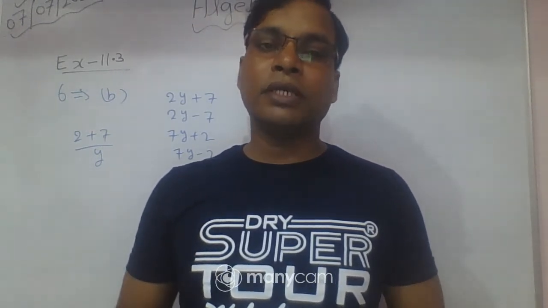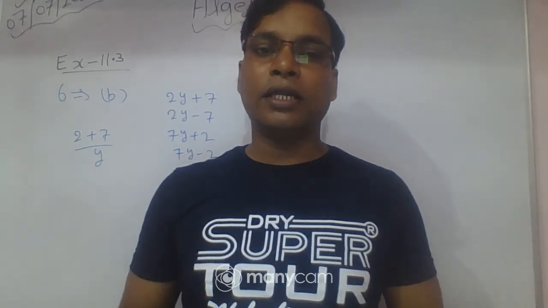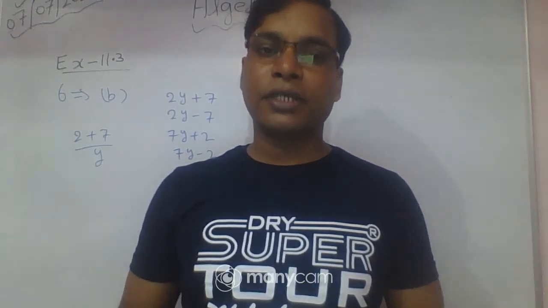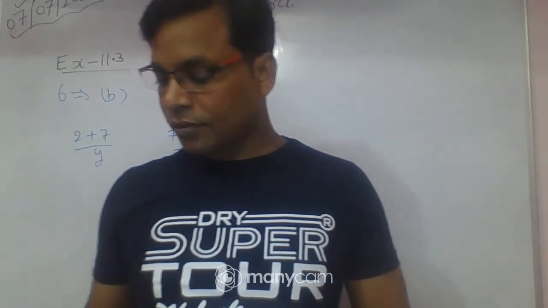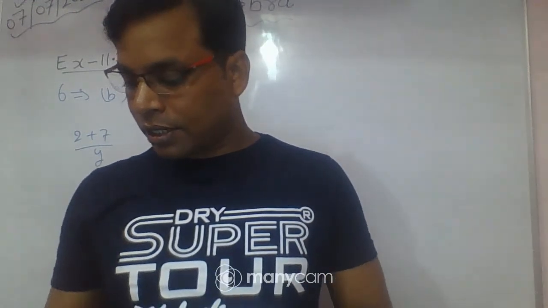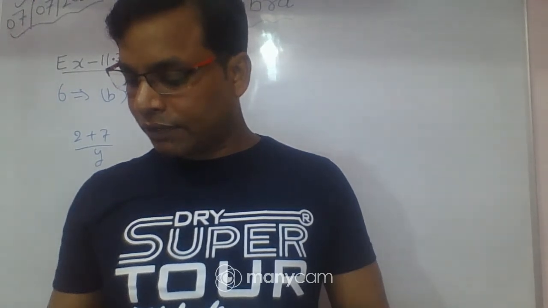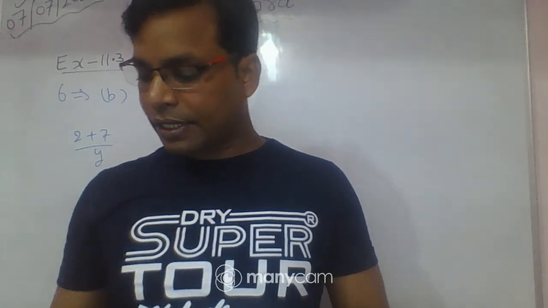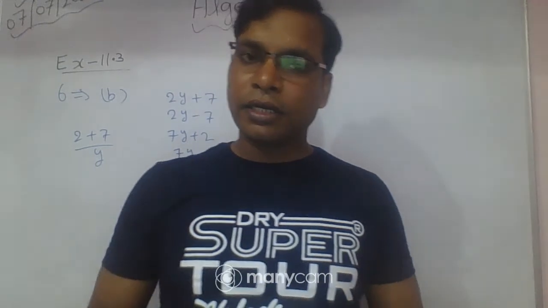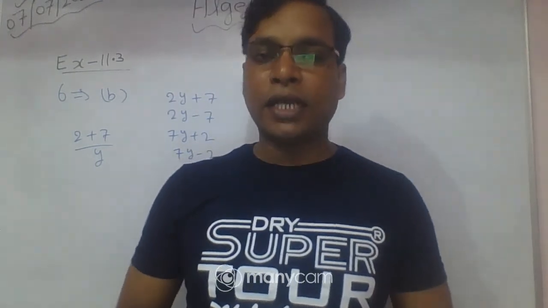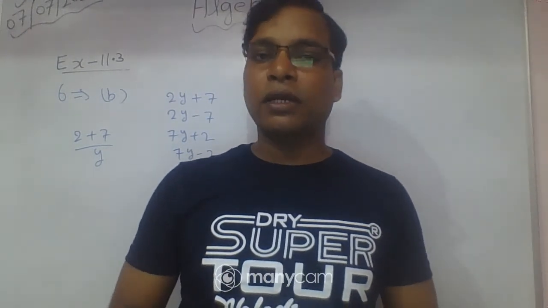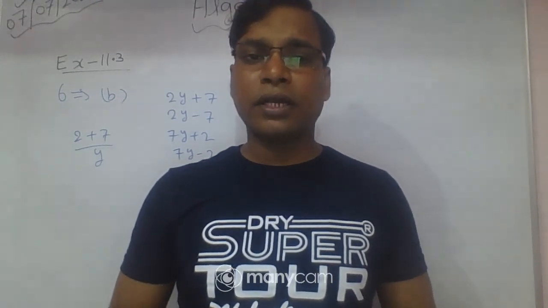So it becomes 6 into y, that's 6y. Now the fourth part: grandmother is 2 years younger than grandfather. What is the grandmother's age?